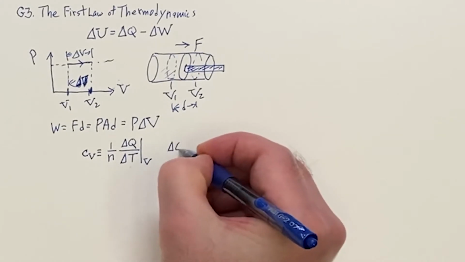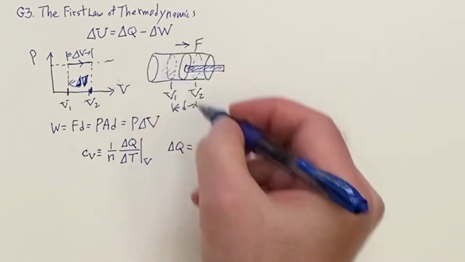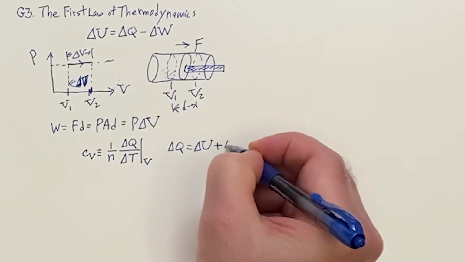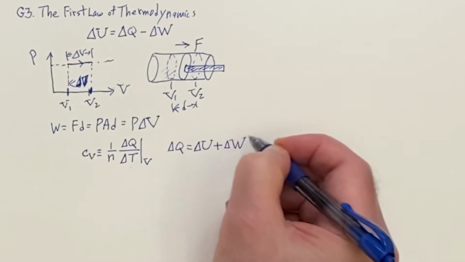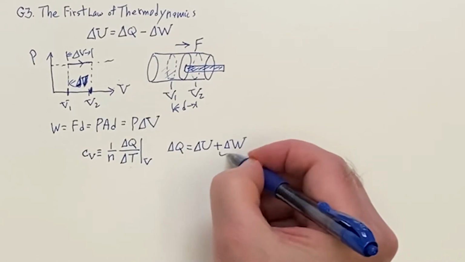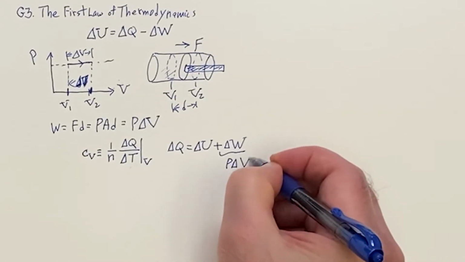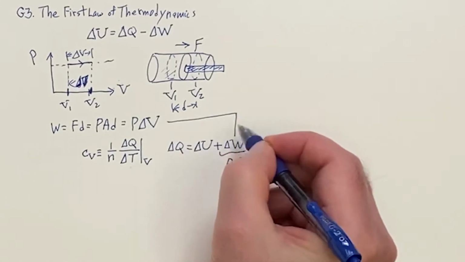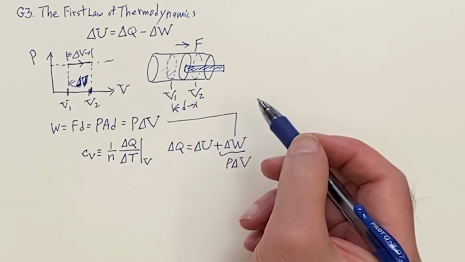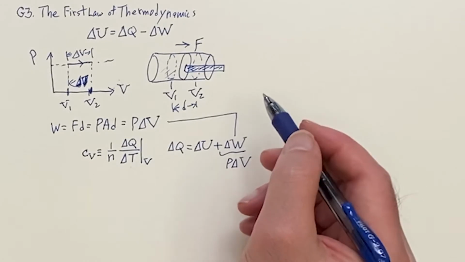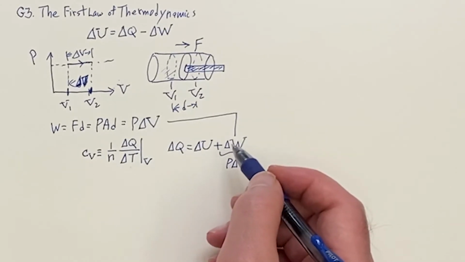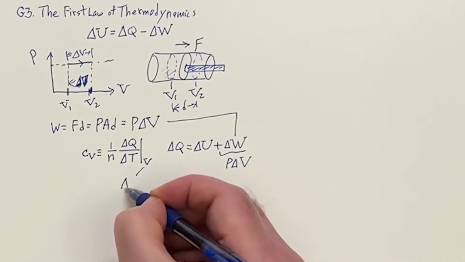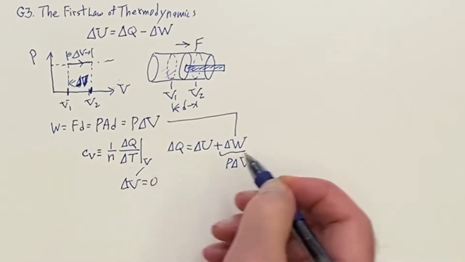So the change in Q, the heat, I can then put the change in energy plus then the change due to the work. But see, this is P dV as figured out up here. So in this particular case, constant volume means delta V is equal to 0.